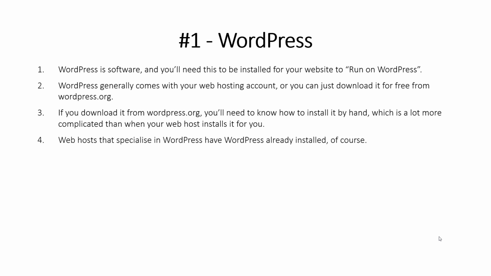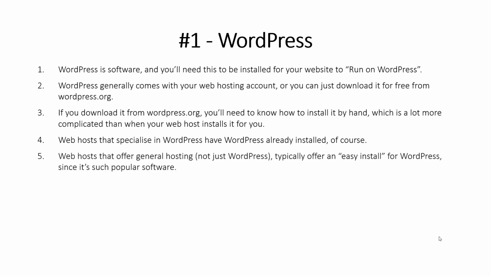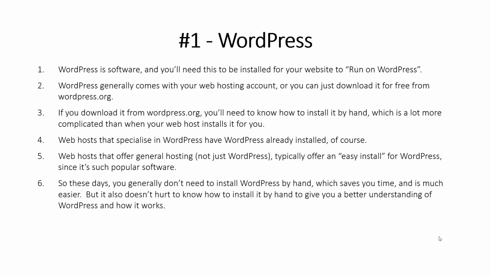Web hosts that specialize in WordPress have WordPress already installed, of course. Web hosts that offer general hosting, not just WordPress, typically offer an easy install for WordPress since it's such popular software. So these days you generally don't need to install WordPress by hand, which saves you time and is much easier. But it also doesn't hurt to know how to install it by hand to give you a better understanding of WordPress and how it works.